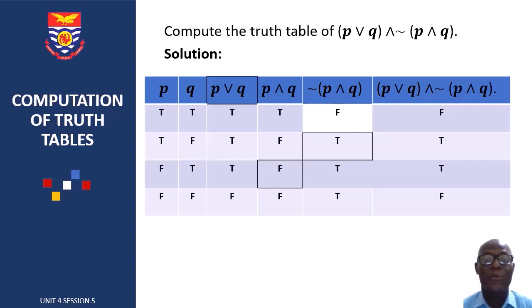When you take the second row, the disjunction is truth and the negation of conjunction is truth. Since both are true, the conjunction is true. The third row, we have truth, truth. So the conjunction is truth. The fourth row, we have F in the disjunction, T in the negation. So its conjunction is false, as indicated in the table.